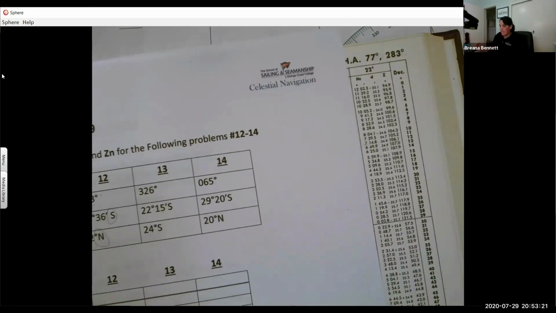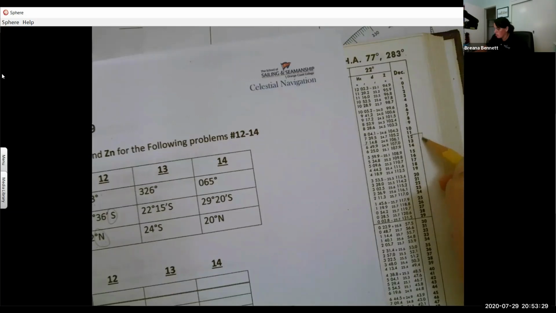And then I have a declination of 12 36. So I'm somewhere in between 12 and 13 on my declination. So that's where I need to interpolate. Interpolating using my declination between 12 and 13. So we're going to use our site reduction table and plug in our numbers and see how this interpolation works.